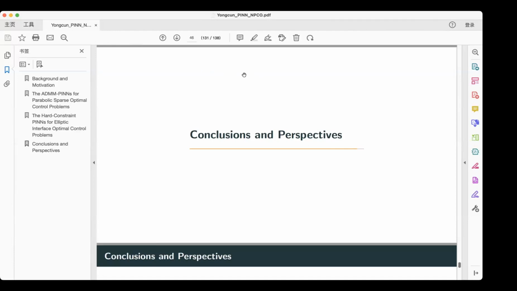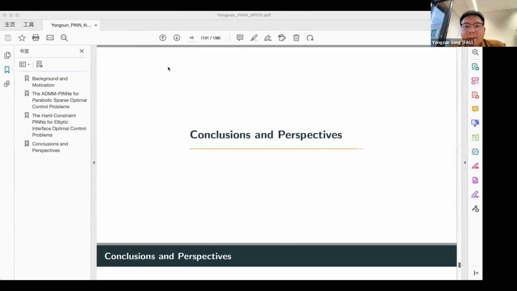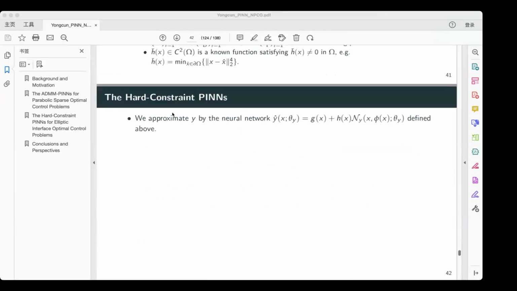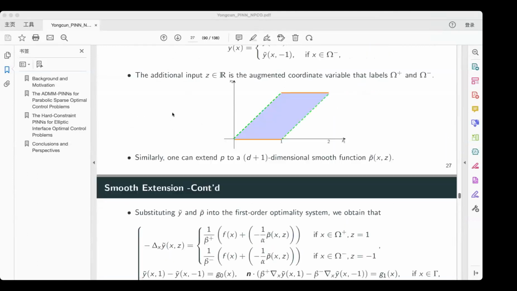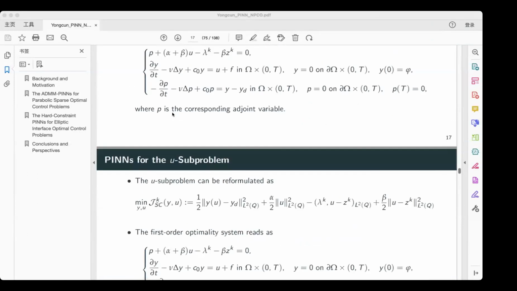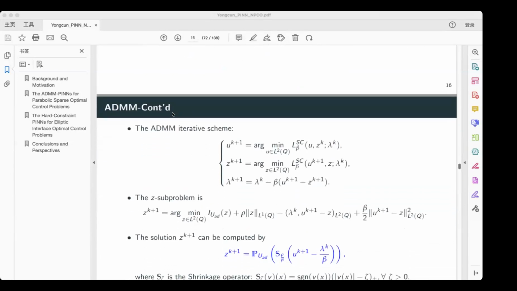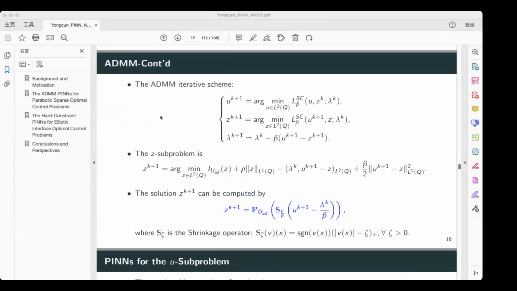Hi, Yongcun. This is Chen Ye from Brown. I have a question about the augmented Lagrangian method in the first part. I think there is a parabolic equation constraint in the original problem, but why is this term not in the ADMM method?